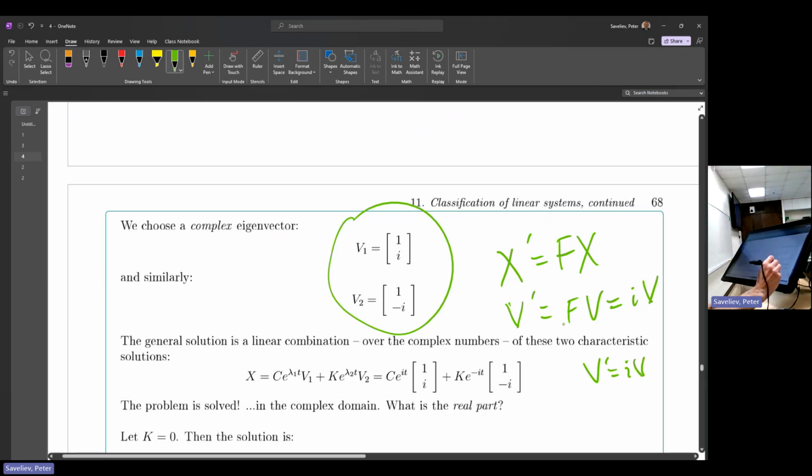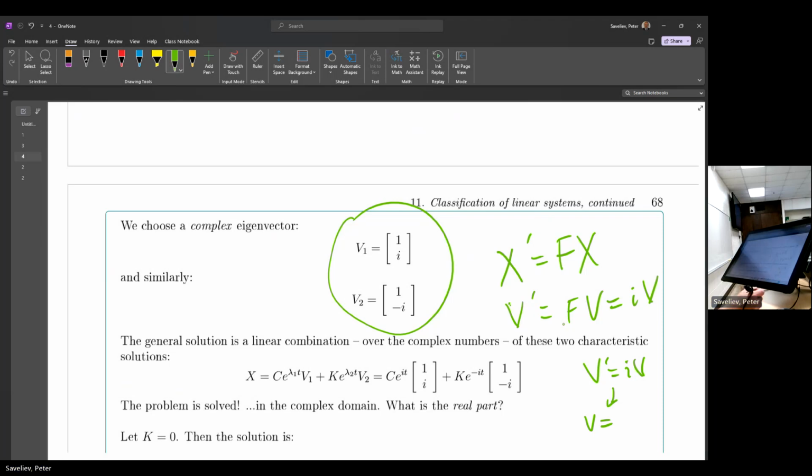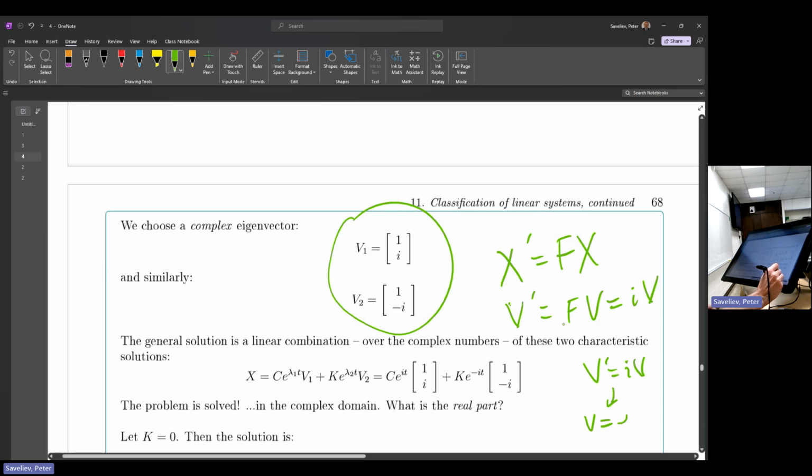I'm not sure if you remember enough to write the answer. Ignore the fact that i is complex. What's the answer? The function, the derivative of which is a multiple of the function: e to the it.